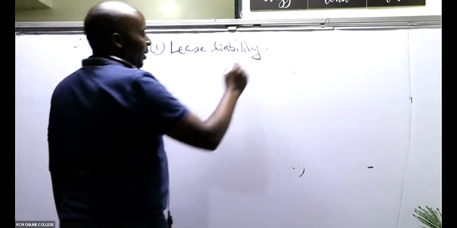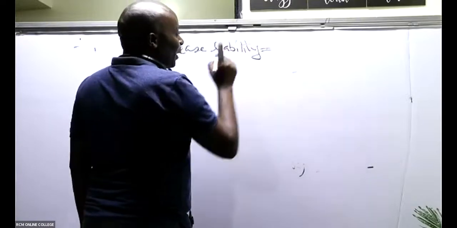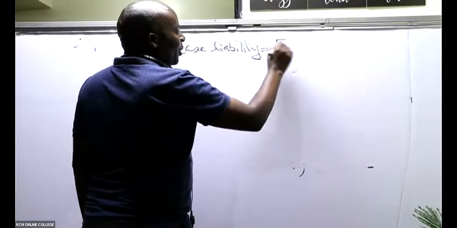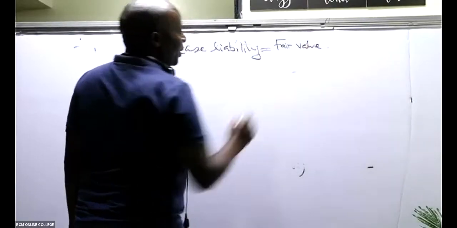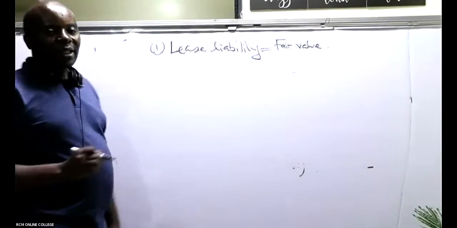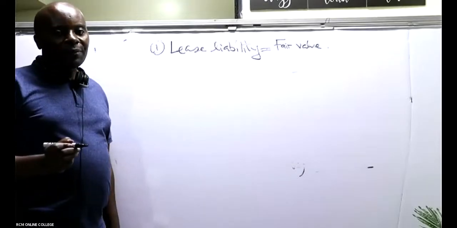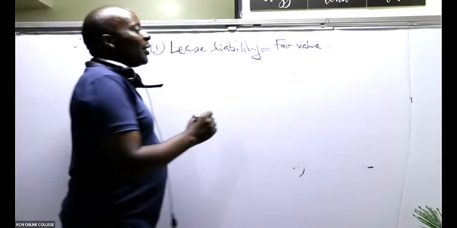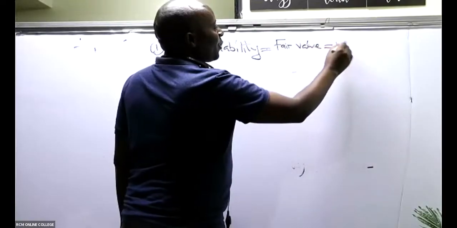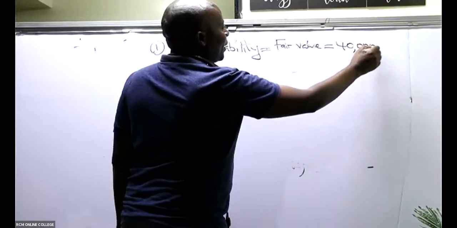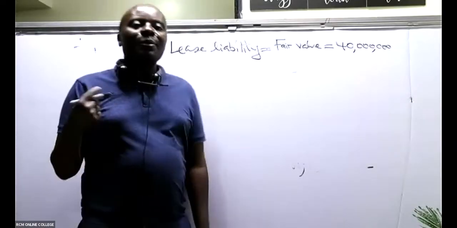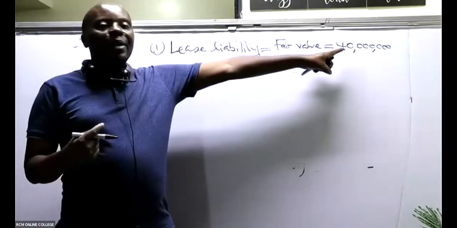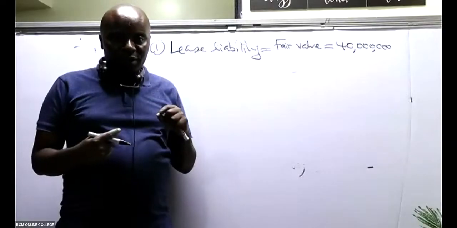How do we get this? First of all, this lease liability is always equal to fair value. Always. It's equal to the fair value of the asset or market value of the asset. Like in this question, they have told us that the fair value is 40 million. So automatically it means that as this tenant is taking up this space, he should be willing to pay the market value.